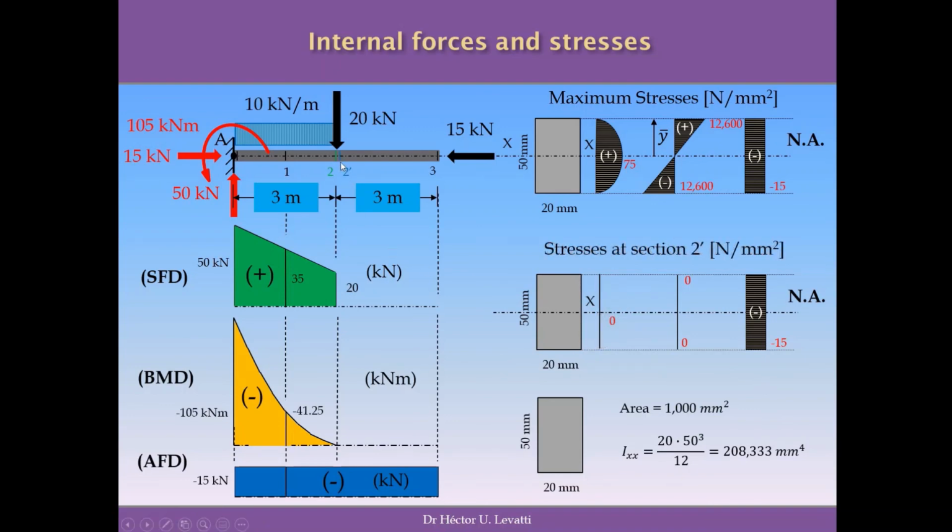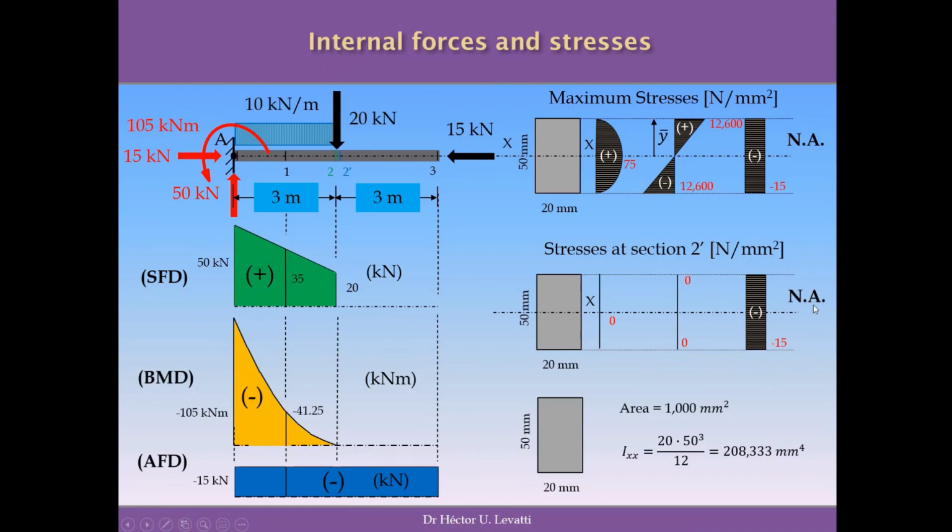Finally, if we want to calculate the stresses after the point of application of this force of 20 kilonewtons, the cross section 2 prime, we realize that in there the shear force is 0, the bending moment is 0, and the only internal force we have is the compressive force equal to minus 15 kilonewtons.